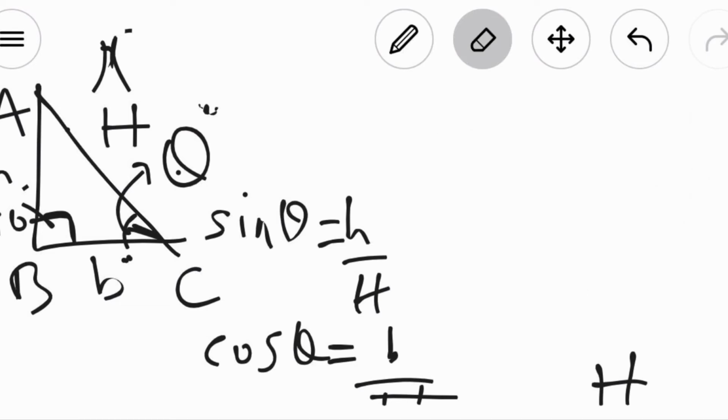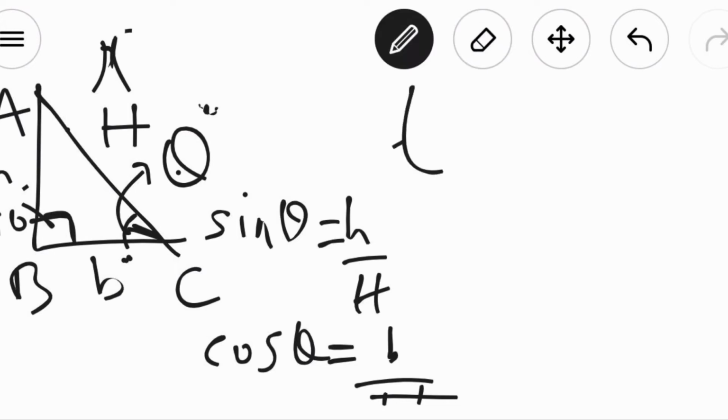The next one is like a mix of these two, not actual adding, but it's called tangent theta. You must be familiar with the word tangent if you have learned about circles, but this term is not actually related to circles in this topic. Tangent theta is just a name given.